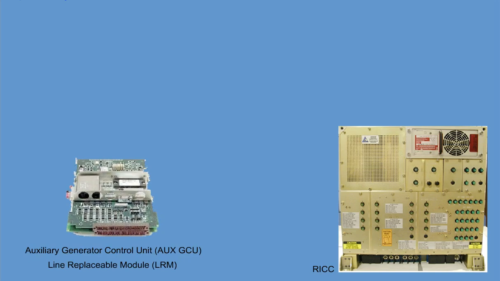The auxiliary generator control unit is a line replaceable module, LRM, and is located in the Right Integrated Control Center, RICC.